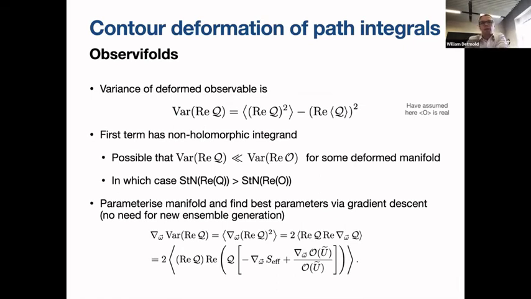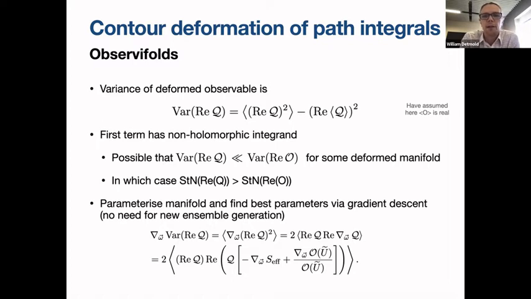So if we think about the variance of this deformed observable Q, it is non-holomorphic, just like the variance of the original observable O was non-holomorphic. The first term in this expression is just real part squared, so it's not a holomorphic function.